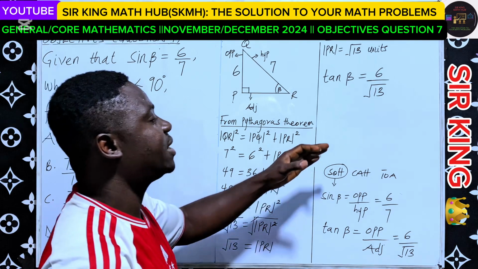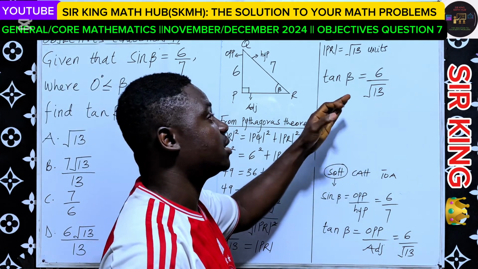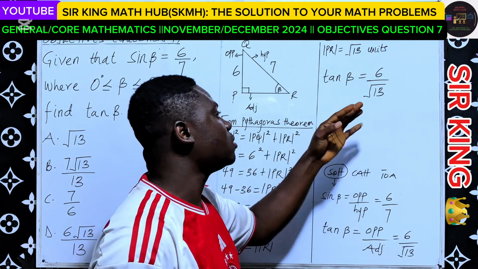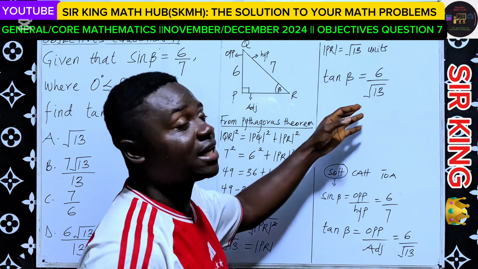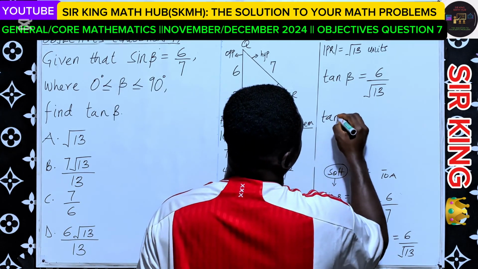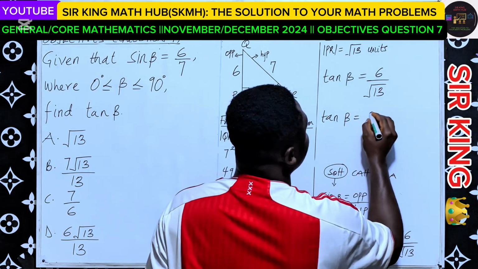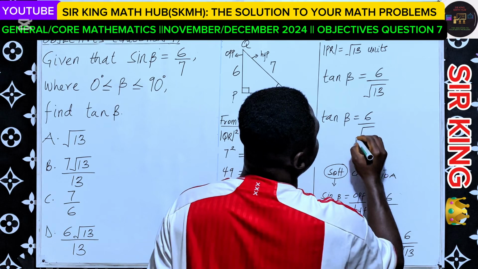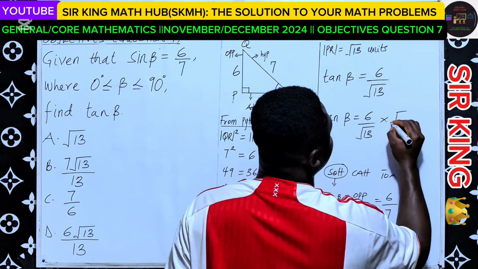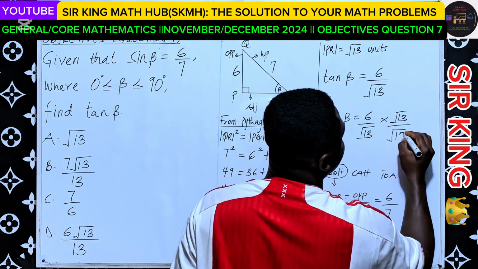But this is not a standard way of representing a fraction. There shouldn't be any surd in the denominator. So at this point, we need to rationalize the denominator. How do we rationalize the denominator? By multiplying both the numerator and the denominator by the surd, so multiply by root 13 divided by root 13.